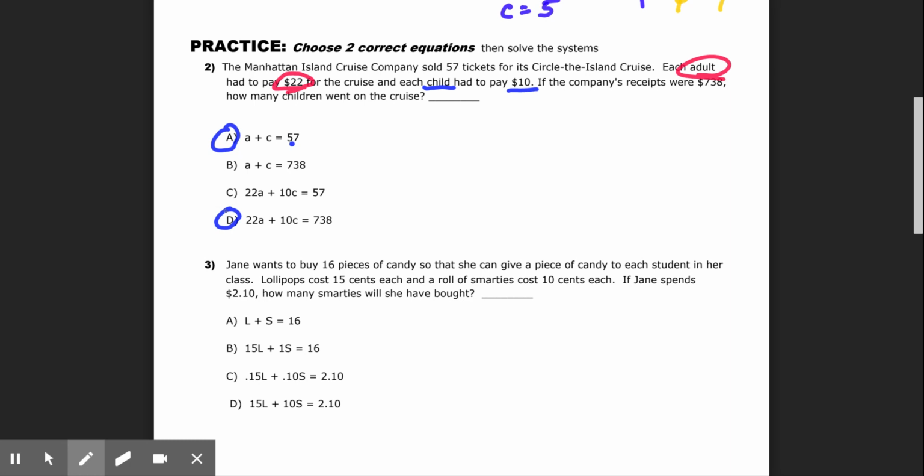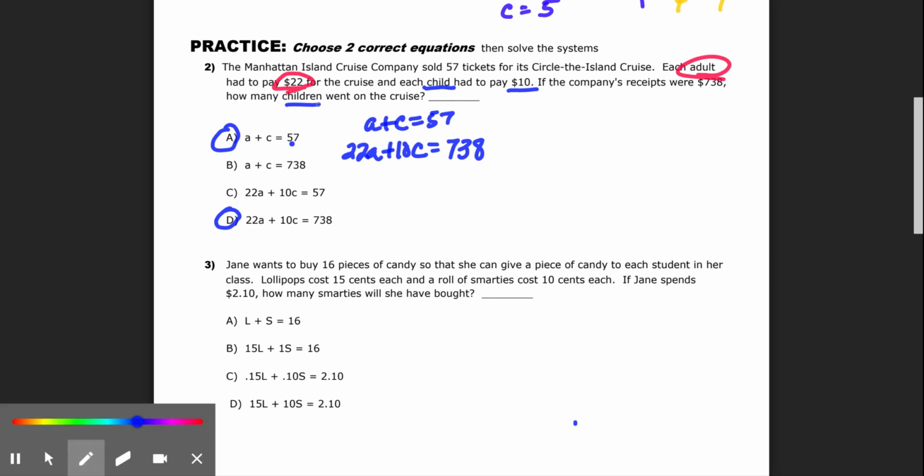So in this situation, we've got A plus C equals 57. And then we've got 22A plus 10C equals $738. Now, one thing about this situation is it does say how many children. So if it says that, then I say we eliminate the adults. So if we're going to do that, then what we can do is multiply.